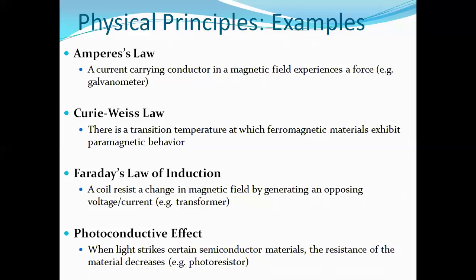When the excitation is commenced on the primary coil, depending on the mutual inductance, the EMF will be produced on the secondary coil windings also. Moving on to the photoconductive effect, when light strikes certain semiconductor materials, the resistance of the materials decreases. That is a photoresistor.